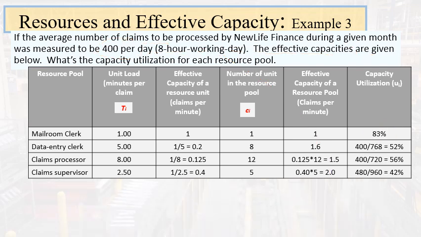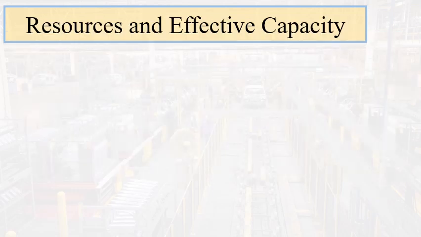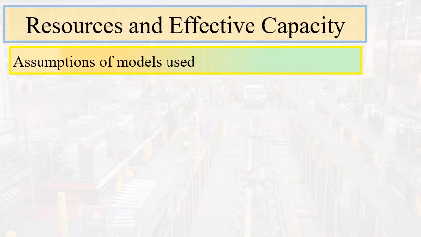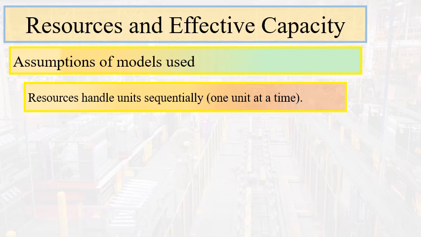Now the question is asking us what is the capacity utilization for each resource pool. So we continue with the same logic, using that equation to get the capacity utilization for all the remaining resource pools. For the calculations we just made, we need to assume some things in order to use that equation.